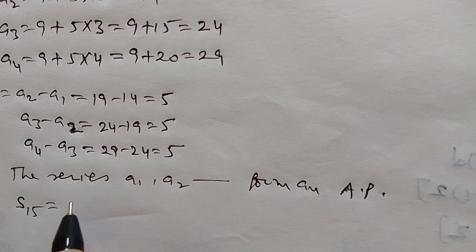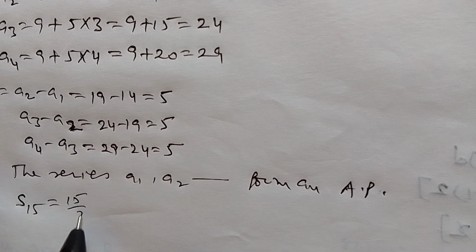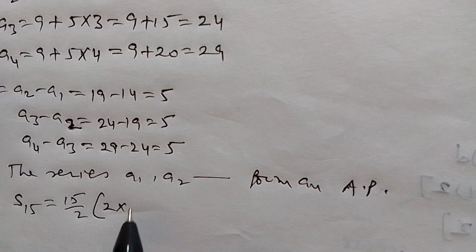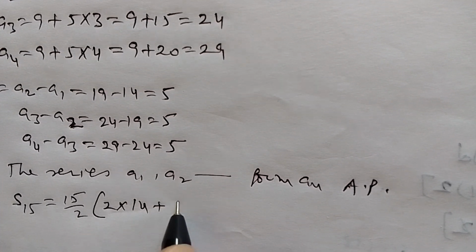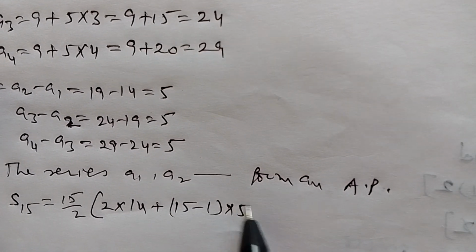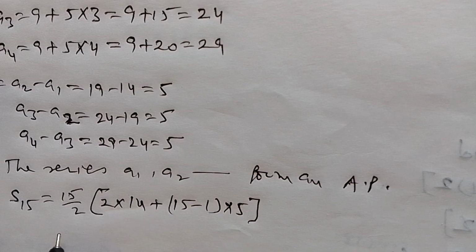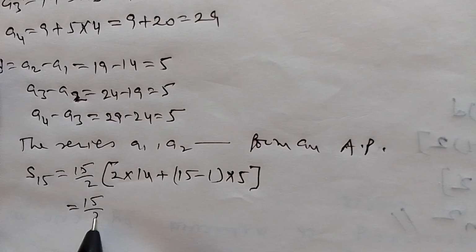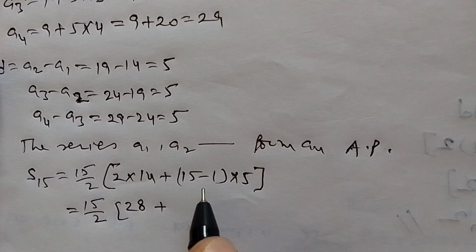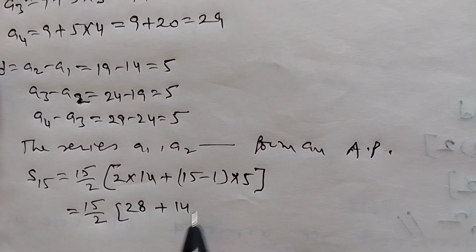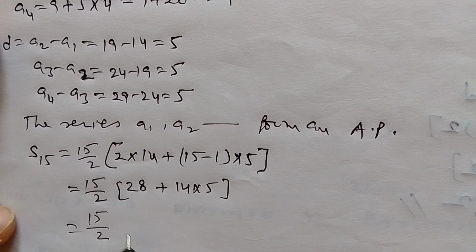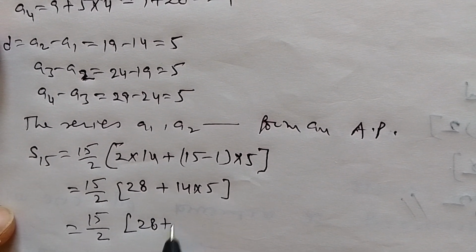For the sum of 15 terms, we use the formula 15 by 2 times 2 multiplied by the first term a, which we have calculated is 14, plus 15 minus 1 multiplied by the common difference, which we have calculated as 5. By simplifying, 15 by 2 times 28 plus 14 multiplied by 5, which is 70.